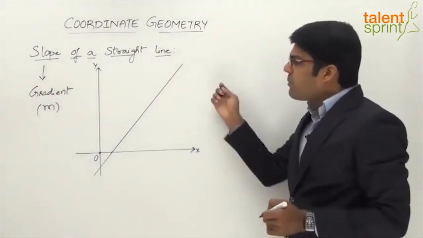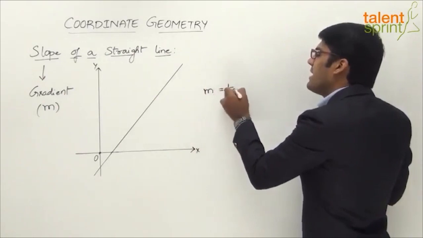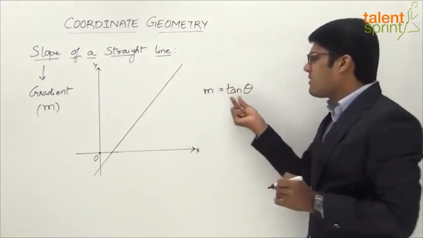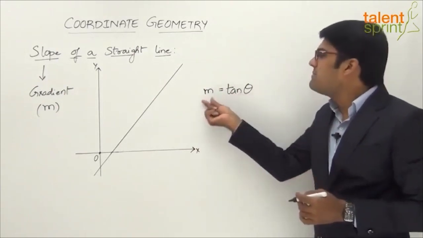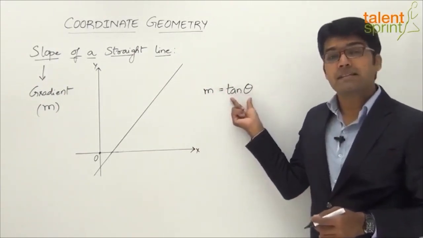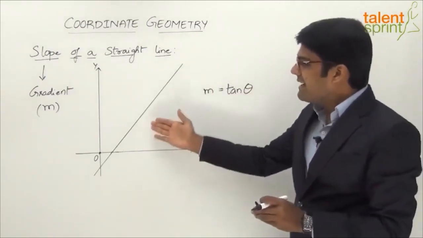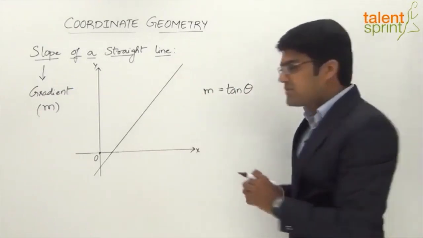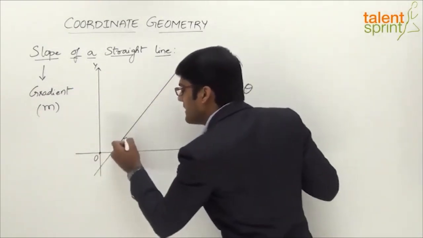Now, the slope of a straight line can be measured as tan theta. M is equal to tan theta, or tangent of theta, which is the trigonometric ratio, right? Now what is theta here? Theta is the angle of inclination made by the straight line with the x-axis.